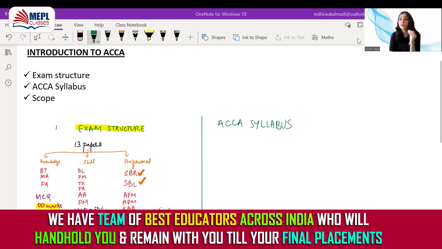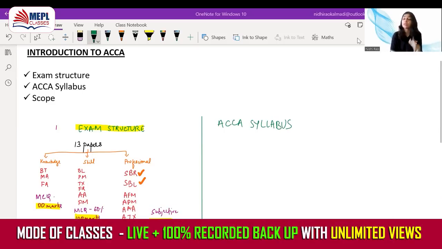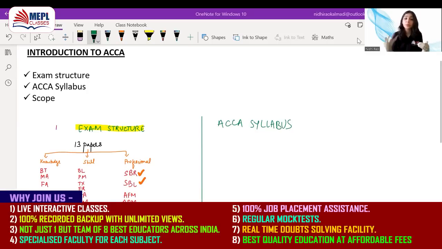Now, when I talk about ACCA syllabus, here it is about the application of finance and accounting knowledge across any circumstance or a situation or a company. How are you going to apply the knowledge? So let's understand each of the papers in detail. So in knowledge level, there were how many papers? There were 3 papers, that is BT, MA, and FA.